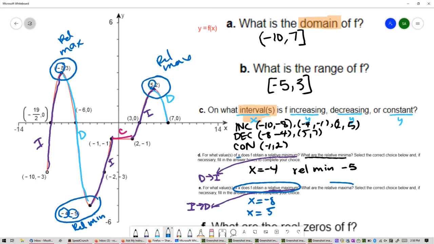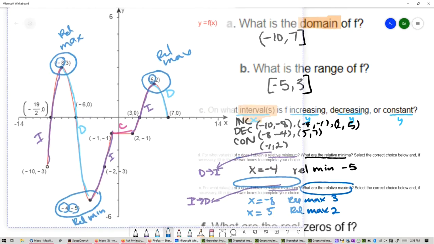And what is that maximum? The relative max is the y part, which is 3, and the y part, which is 2. So this one has two relative maximums.